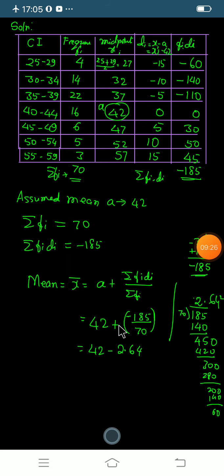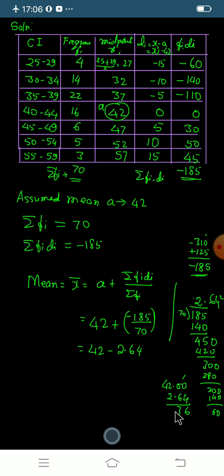Now we have to calculate this without using any calculators. Here we have to divide 185 by 70. We get 2.64, and we don't have to continue like that. 42 minus 2.64. Now we have to write 42.00 minus 2.64. Now let us see how much we will get. 10 minus 4 is 6.